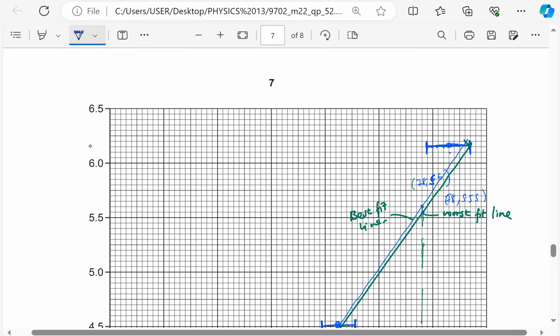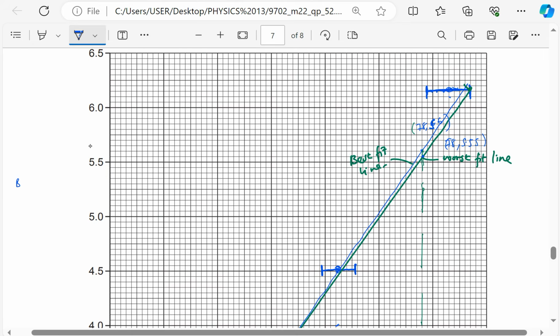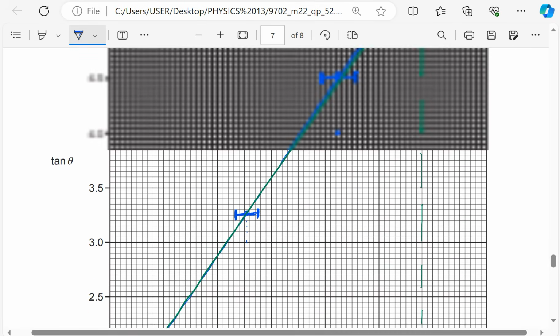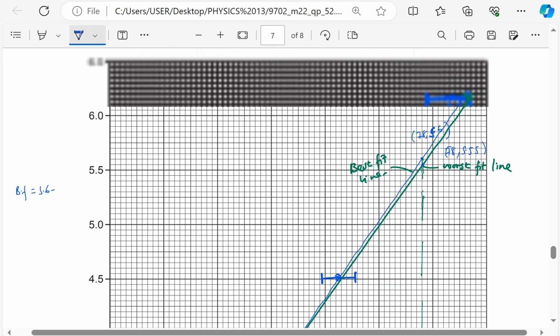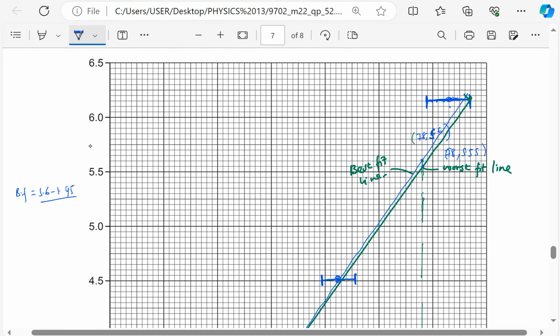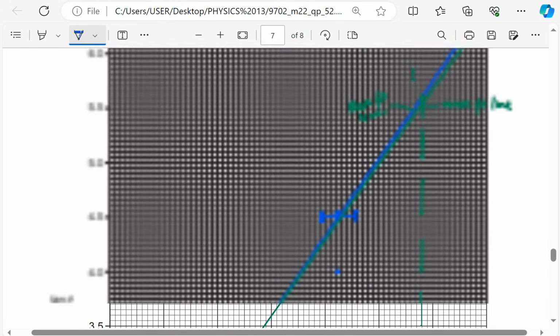So I'm going to transfer these numbers so that I can find the gradient. So for best fit, of course, we're not supposed to write here, but I'm just writing here and then I'll transfer to the space provided. So for the best fit, the gradient we have the y values, we have 5.6 minus 1.95 divided by, on the x we have 78 minus 27.